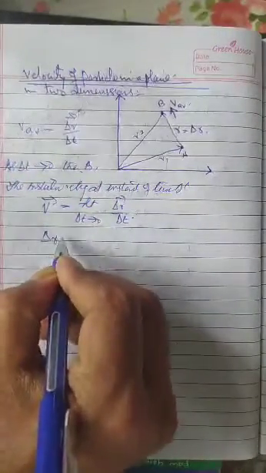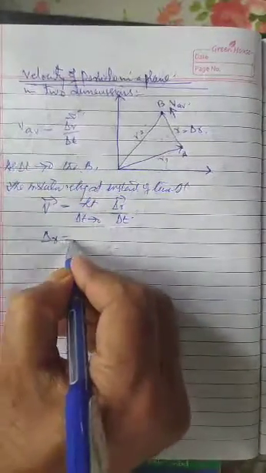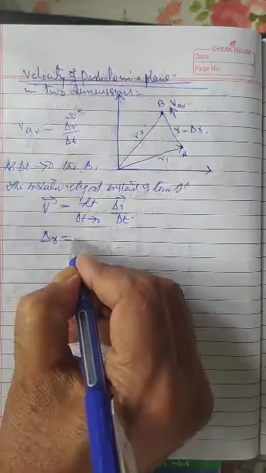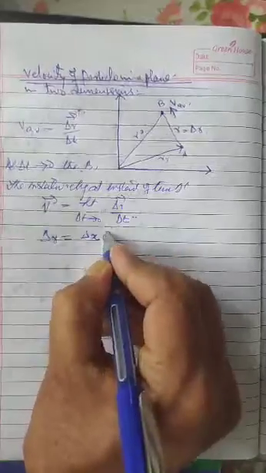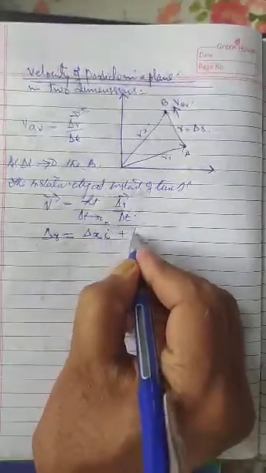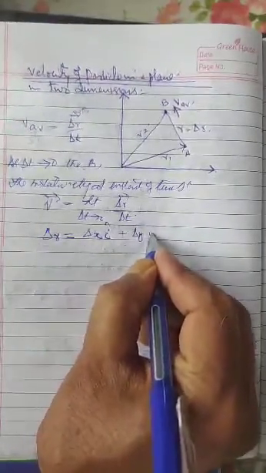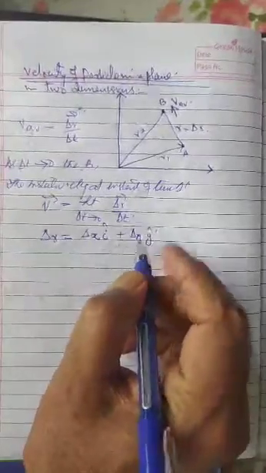Since we are talking about motion in 2 dimensions, del r has components along the x-axis as well as along the y-axis. The component will be del x along the x-axis and del y along the y-axis.